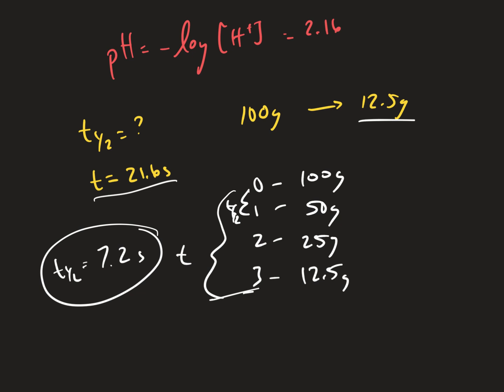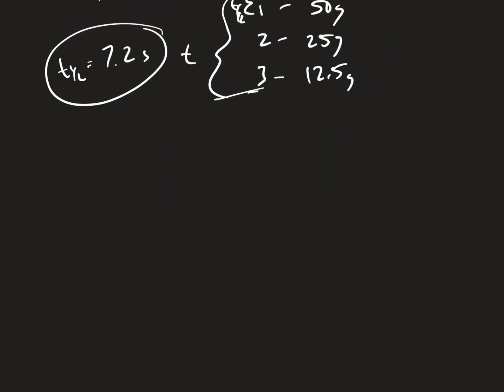Okay. Do you want another type of half-life problem? Sure. Yes. Okay. Let me find, let's see. What is a half-life? All right, so another type is we know the half-life is 0.025 seconds.